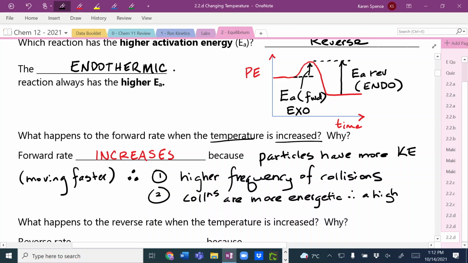Therefore, a higher percent of collisions have enough energy to be successful.